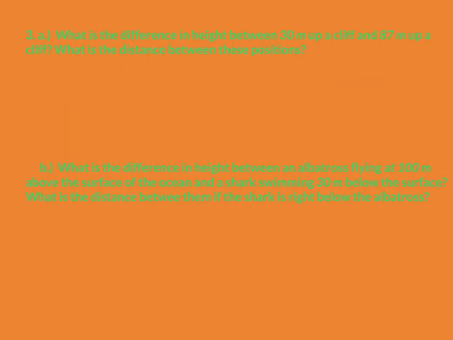Next, what is the difference in height between 30 meters up a cliff and 87 meters up a cliff? So remember, when we're talking about difference, the difference can be positive or negative, while the distance, which is the second part of our question, is always positive. The difference will tell us, the positive or negative, that direction that we're looking at.